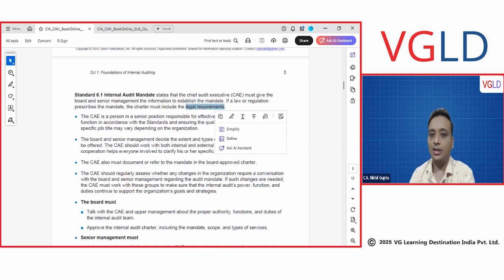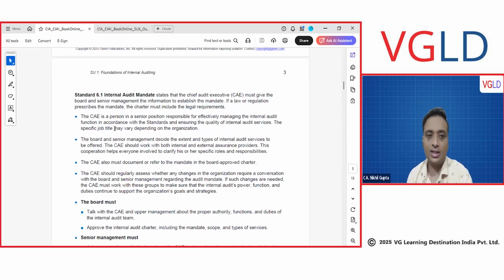Means if there is any legal or regulatory body which defines that a particular company, either banking, insurance, or any other NBFC company, needs to discharge their duties by submitting reports and complying with their specific laws, then our internal audit charter must include those legal requirements. That's why it is really important.